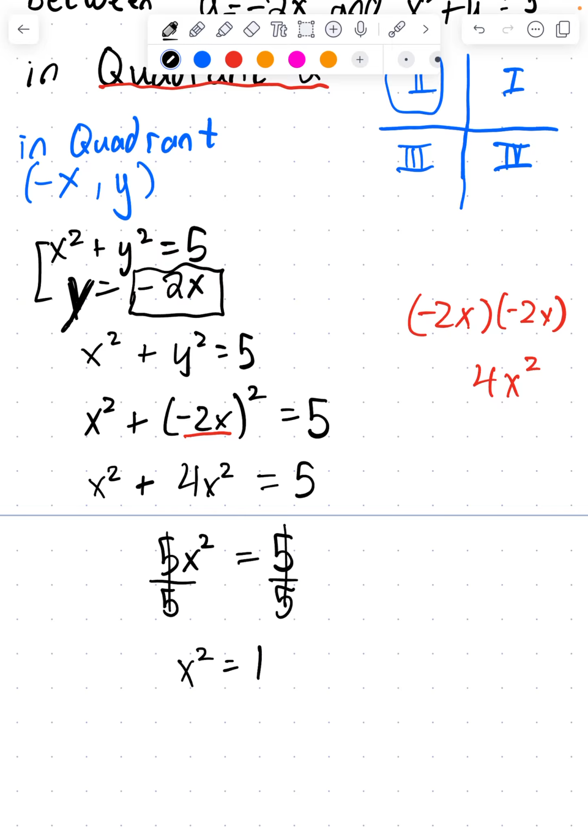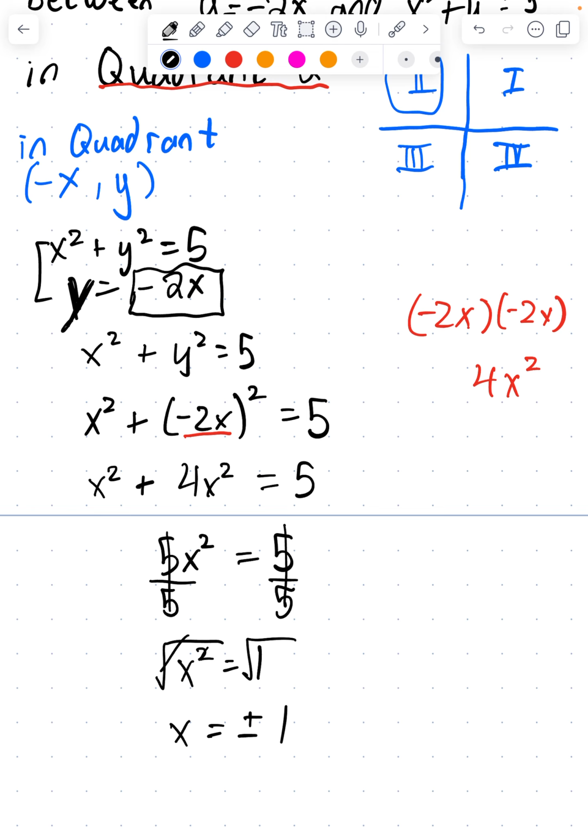Now I'm going to root both sides because I don't want x squared, I just want x. The square root and the square cancel out. I get x equals, remember, when you square root something, you get 2 solutions, plus or minus 1. So x can be plus or minus 1.